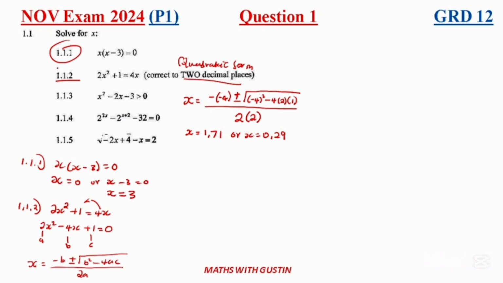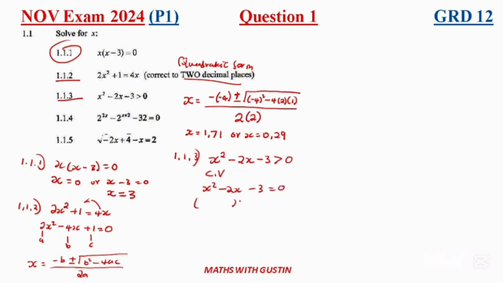So moving right along to 1.1.3, it says here it's an inequality: 2x squared minus 2x minus 3 greater than 0, right? So in this one we're gonna go straight away and look for critical values, because already it means now we're gonna write 2x squared minus 2x minus 3 should be equal to 0.